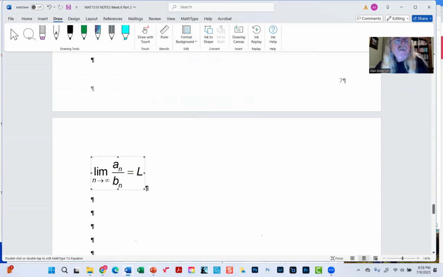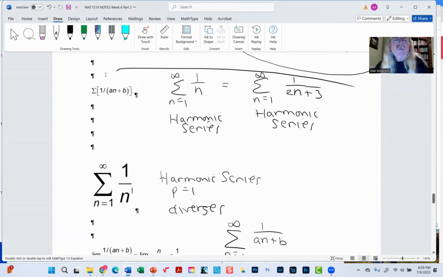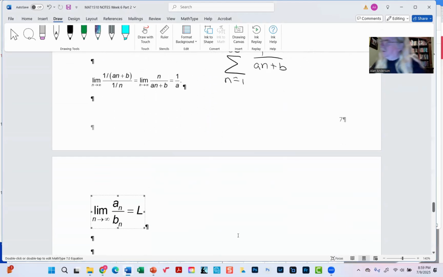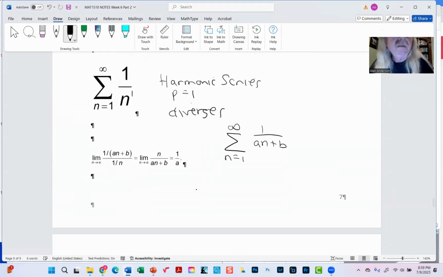So in this expression, the general expression for a harmonic series is our A. And then B is the 1 over n.